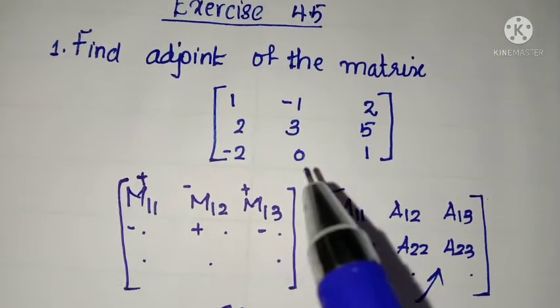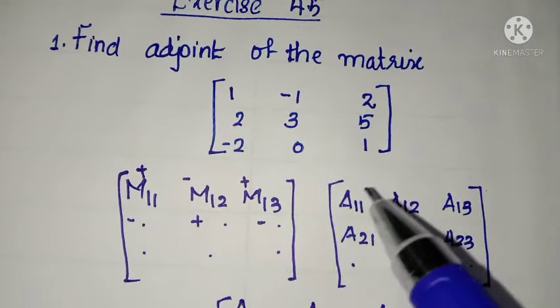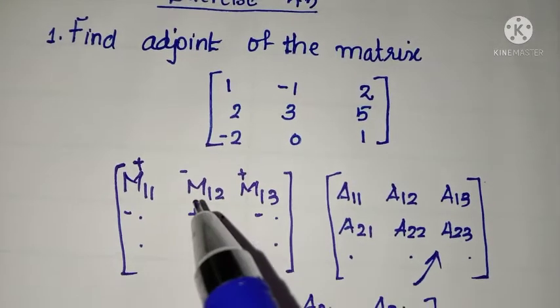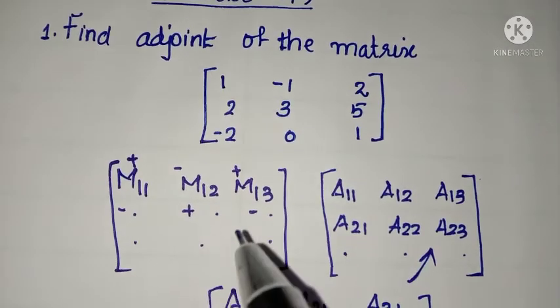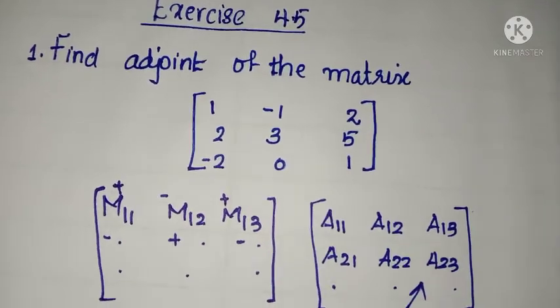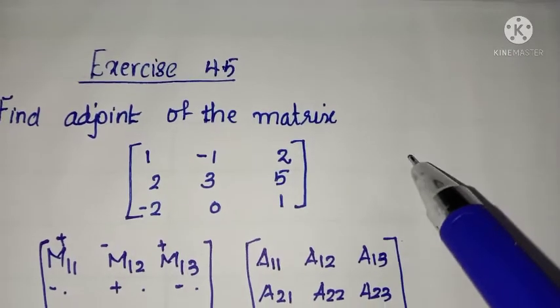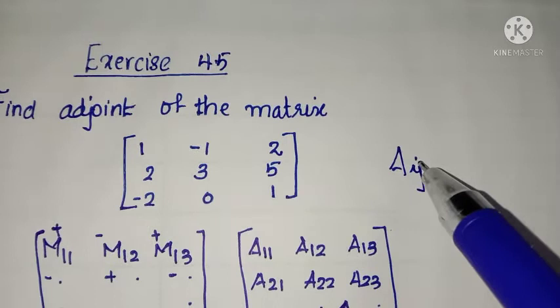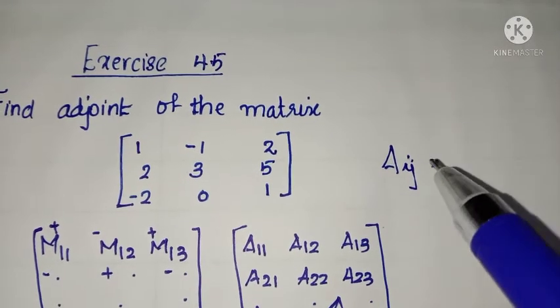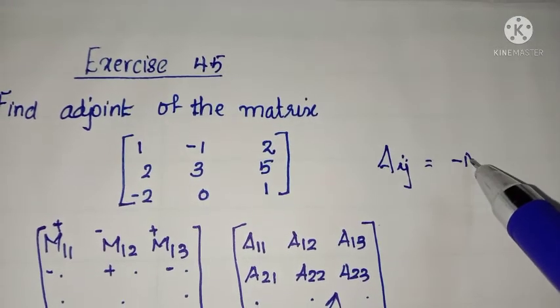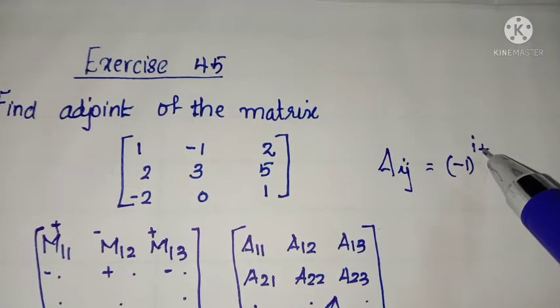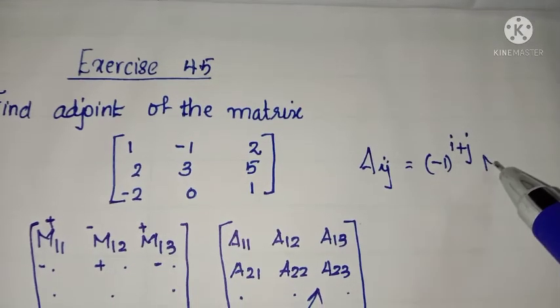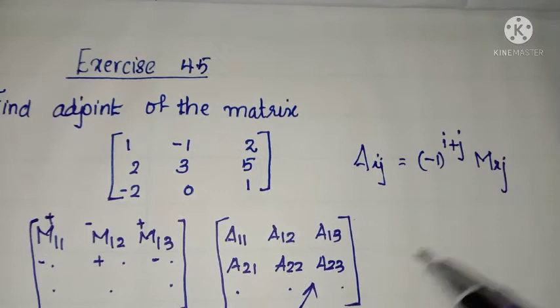Listen, we can directly find the cofactor matrix without finding the minor matrix. Cofactor entries are obtained using the result Aij equals minus 1 raised to i plus j into Mij.